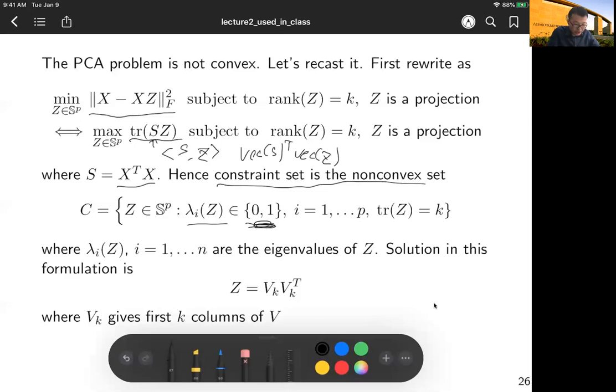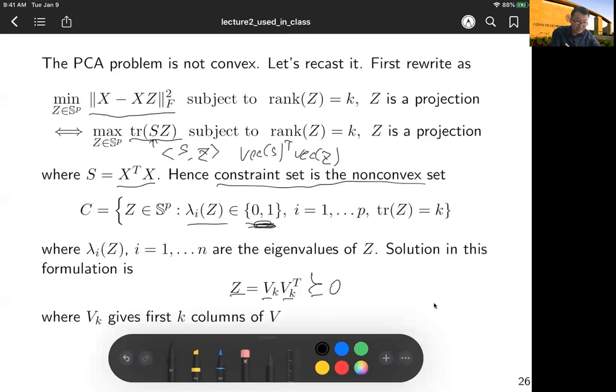Any such Z can be rewritten as V_K V_K transpose, where V_K gives the K columns of V. You can always do this. So we know that this Z is positive semi-definite.